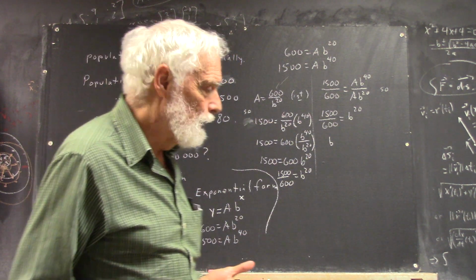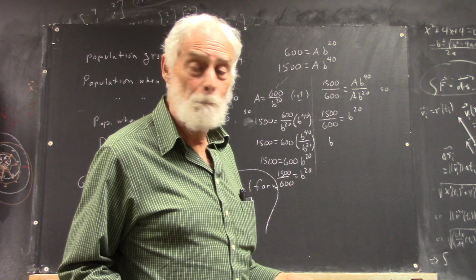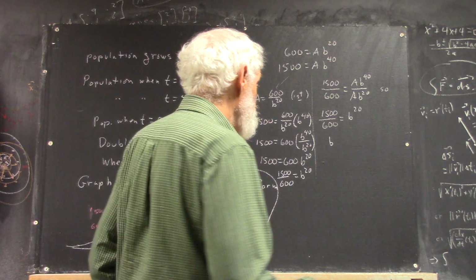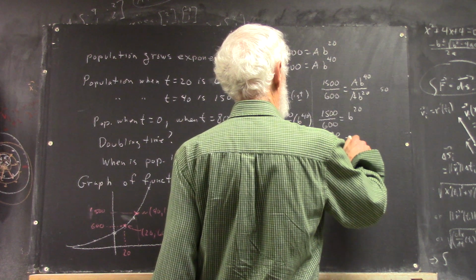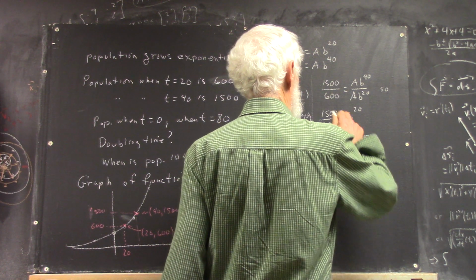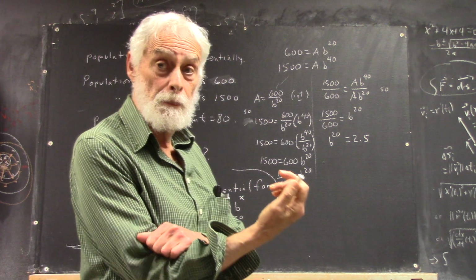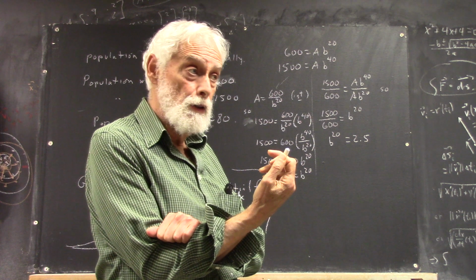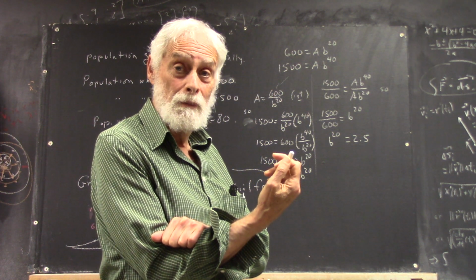What can you do to both sides to find b? What can you do to b to the 20th to get b? I'm going to go ahead and reduce this to just one number. You got b to the 20th equals 2.5, right? Okay, what can you do to b to the 20th to get b?